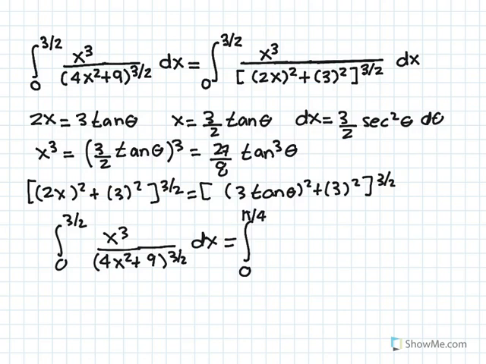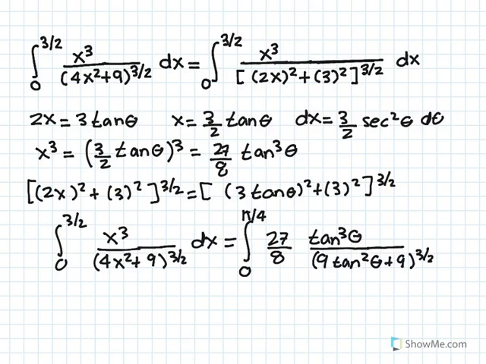And x cubed is going to give us 27 over 8 tan cubed theta. And the denominator is going to be (9 tan squared theta plus 9) all to the power of 3/2. And we have to multiply by dx. That's going to give us 3 over 2 secant squared theta d theta.